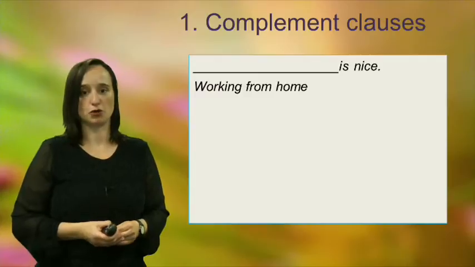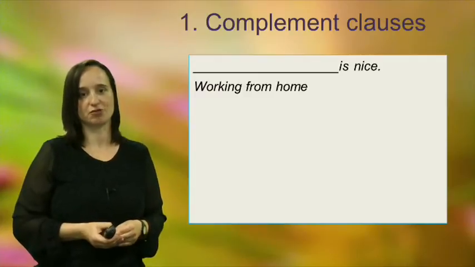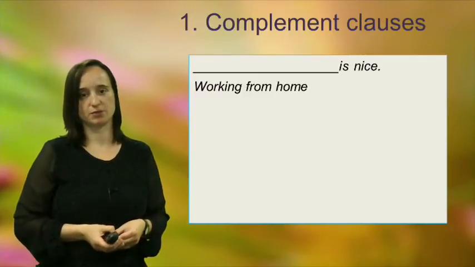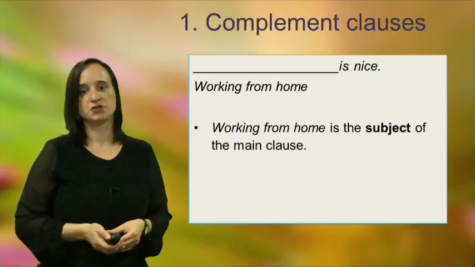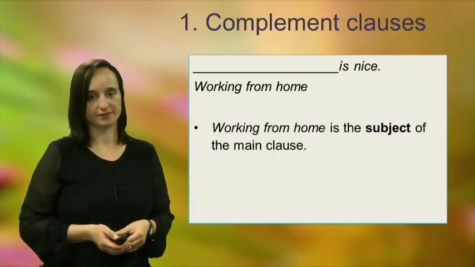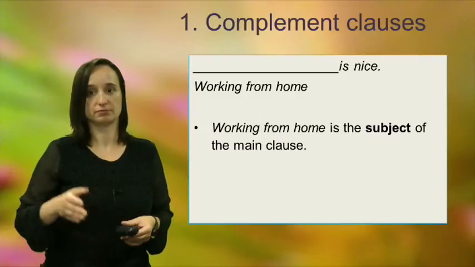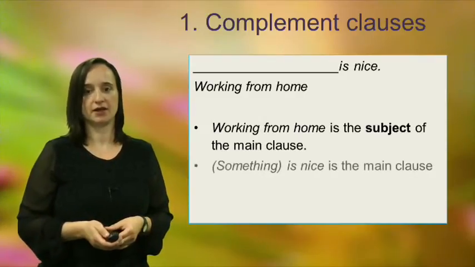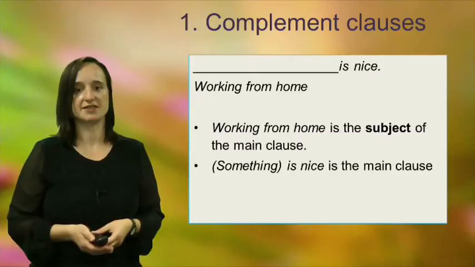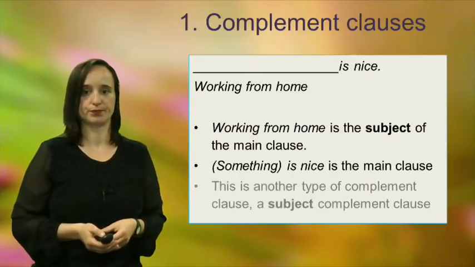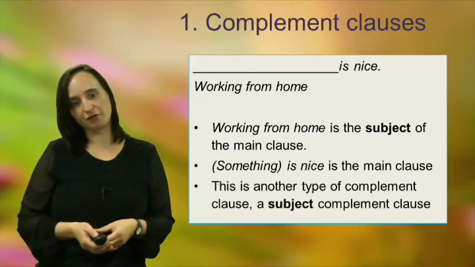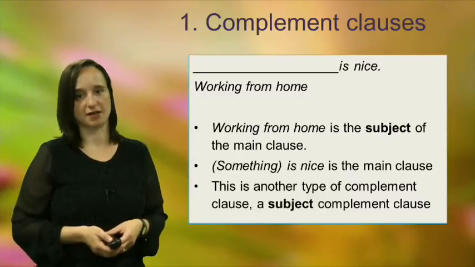And we can tell it's a clause because it has a predicate, working. It appears with a verb. So working from home is the subject of our main clause, it is nice. And something is nice is our main clause. So another type of complement clause, in this case a subject complement clause.